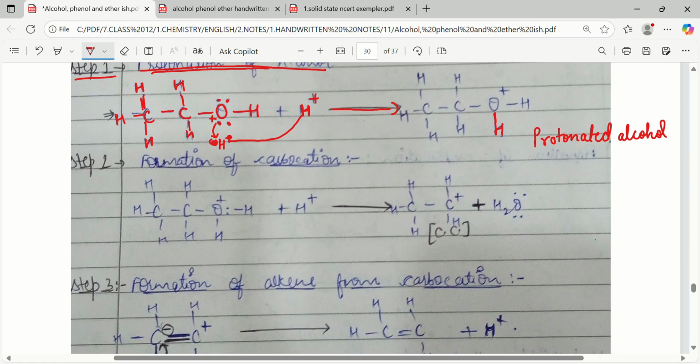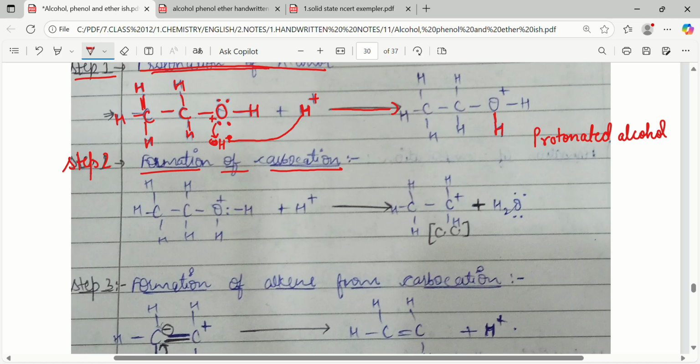Now we'll move on to step number 2, which is formation of carbocation, right? Yes, sir. So in this step on the product side, I am going to make a carbocation, and the term carbocation means carbon having a positive charge, right? Yes, sir. Also keep in mind that at the completion of the mechanism, I just want alkene.